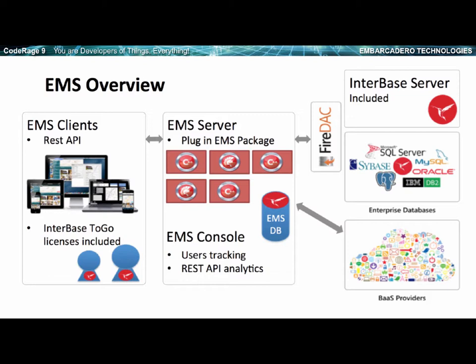But Marco and Jim in later sessions are going to talk about using the EMS provider or backend provider components to do the user authentication and management, as well as the data access with the user rights. So this is the basic overview and layout of what EMS is.